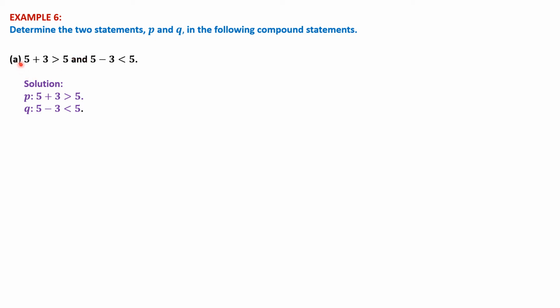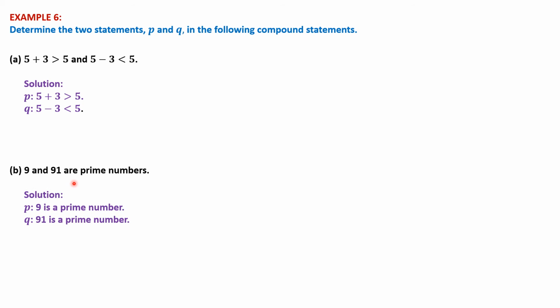So we cancel the word and. The first statement P should be 5 plus 3 is greater than 5. And then statement Q should be the second statement: 5 minus 3 is less than 5.